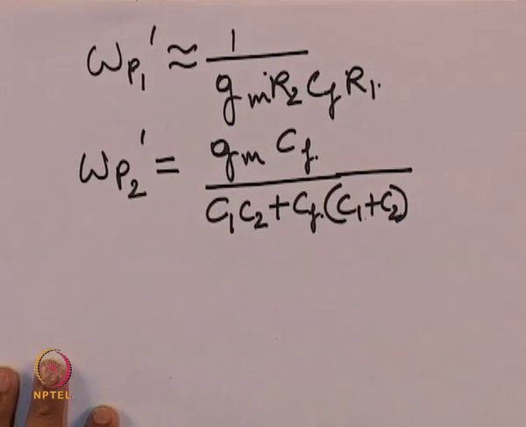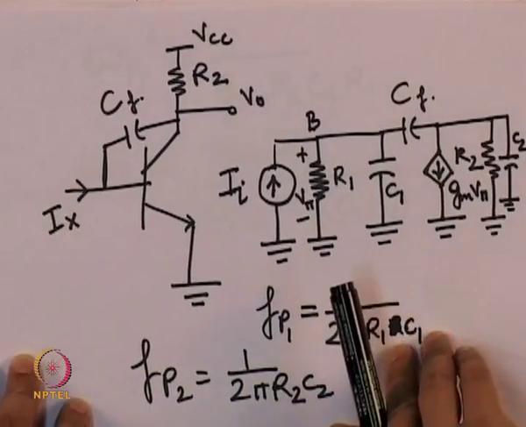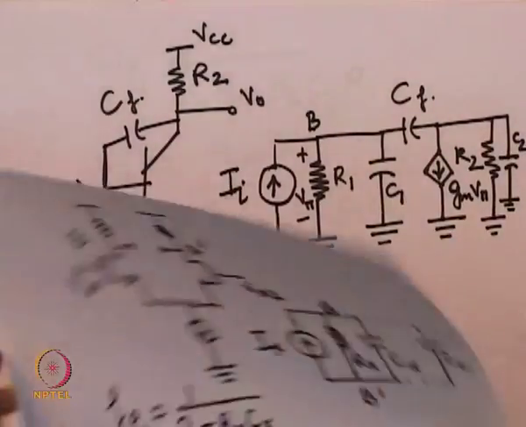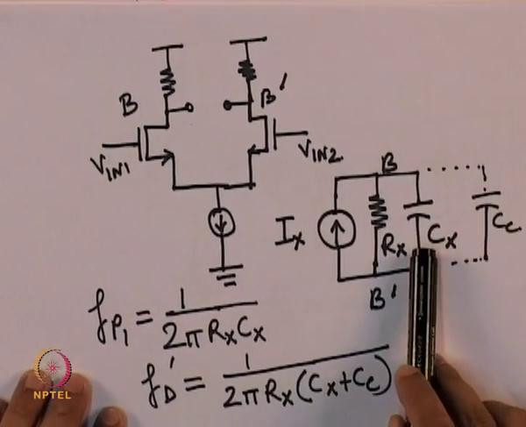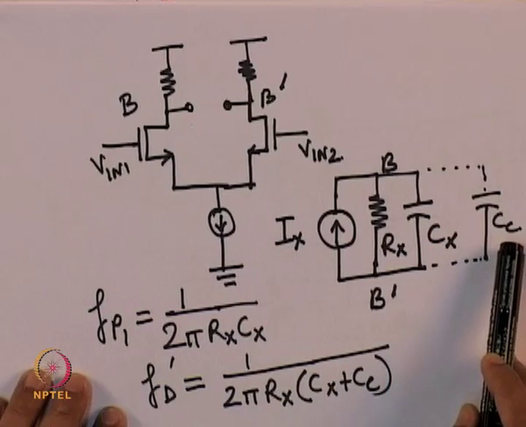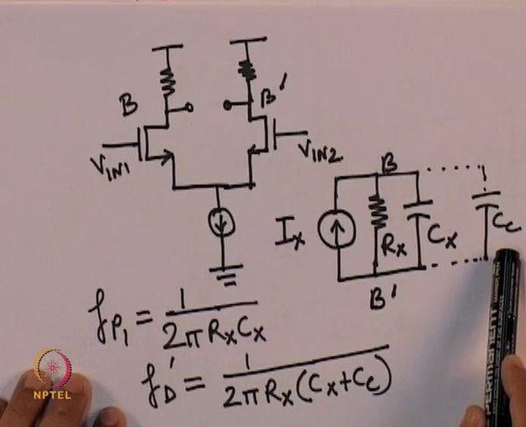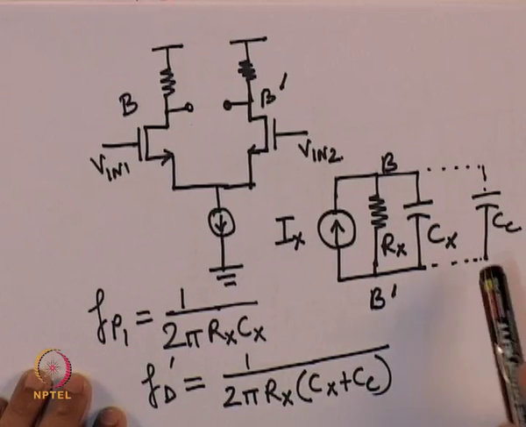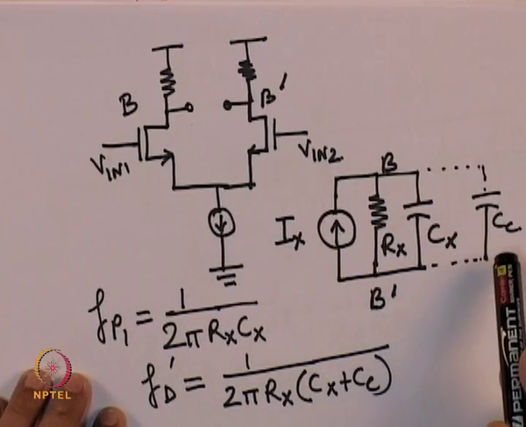Whereas, in the previous compensation technique that I mentioned, where we were just adding a capacitance in shunt with Cx, the C that we were adding needed to be of a much higher value, and it was difficult to achieve such a high value of capacitance.